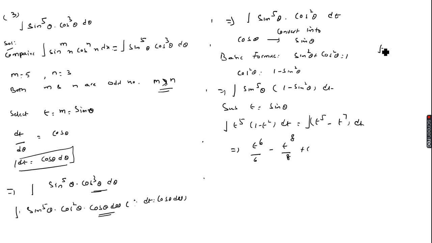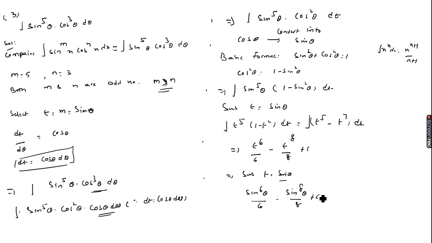So here what is the formula? The integral of x power n is x power n plus 1 by n plus 1. So substitute t equal to sin theta, we get sin power 6 theta by 6 minus sin power 8 theta by 8.